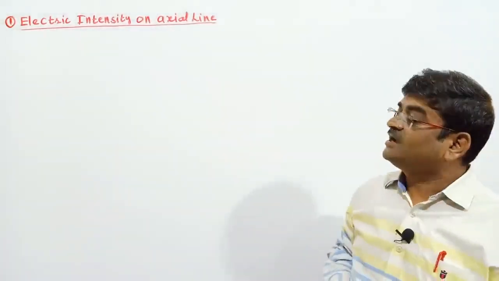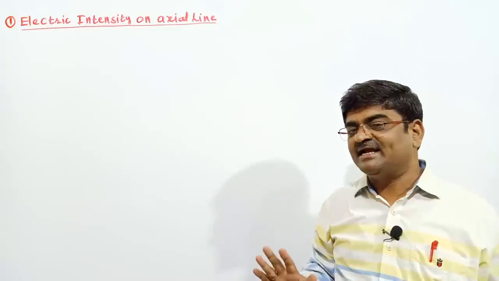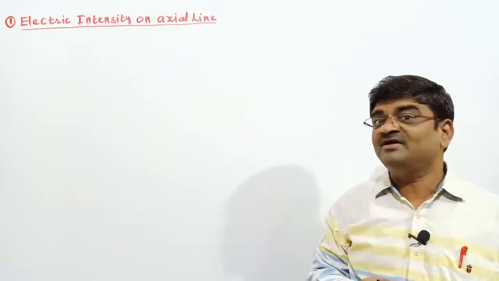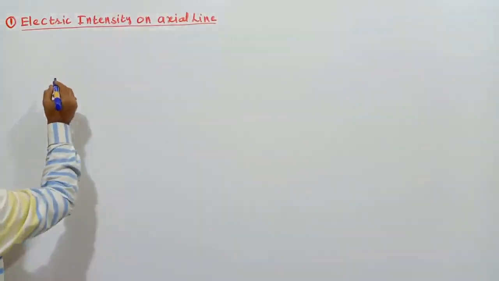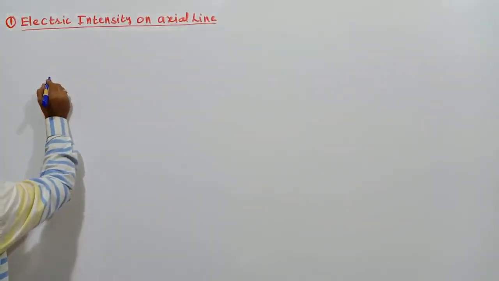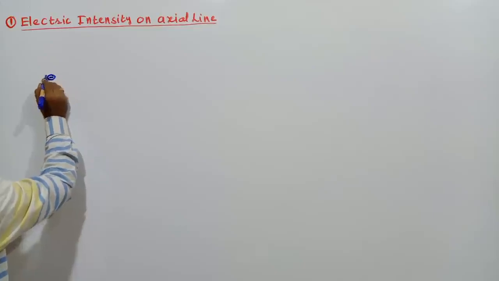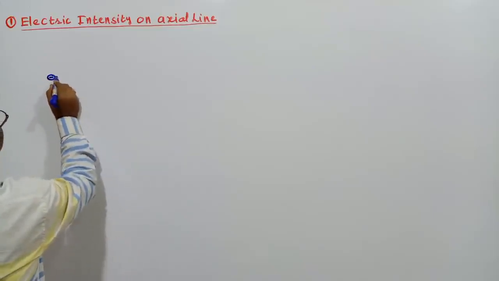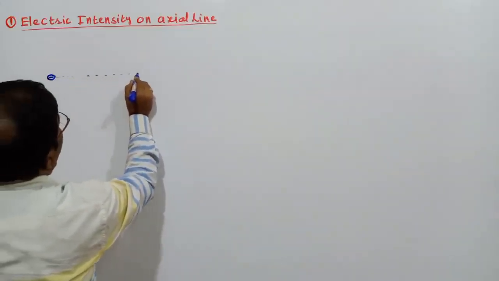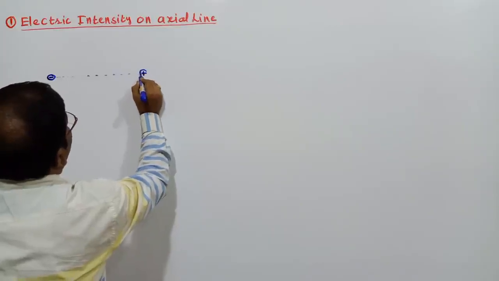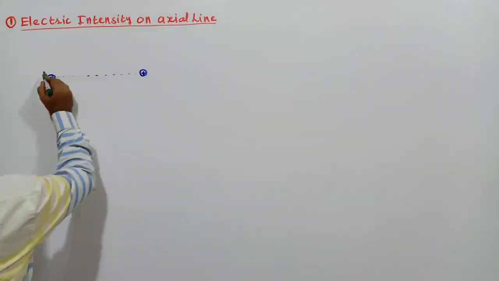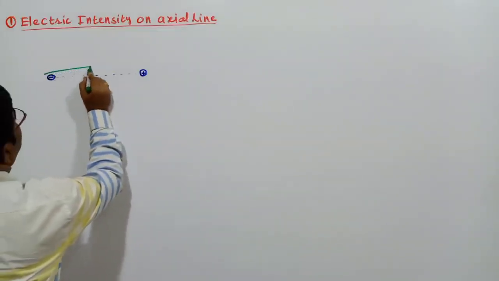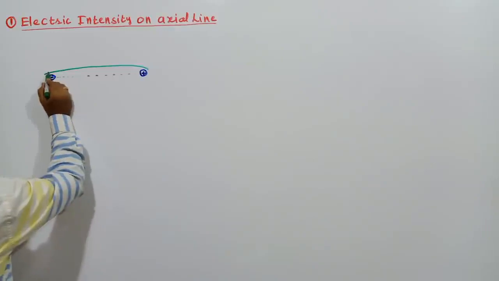So for the discussion, I am interested to know the electric intensity on the axial line of the dipole. For that, first of all let me have a dipole. Here is the negative charge, here I have a positive charge, and this system of equal and opposite charges is called a dipole.